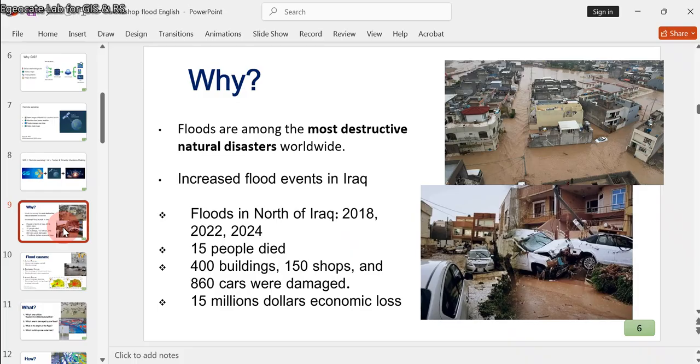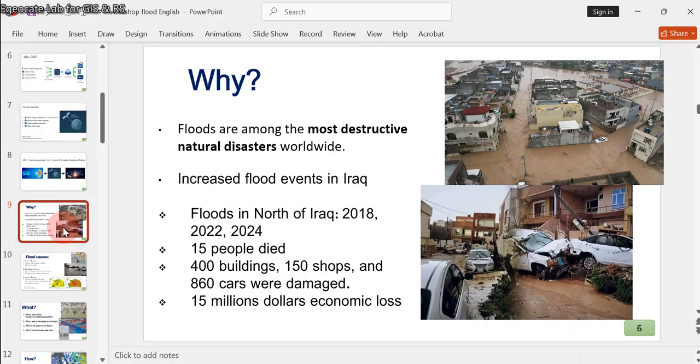Well, actually, floods are one of the most destructive natural disasters worldwide, which have a significant impact on the infrastructure, and cause the death of thousands of people in the world yearly.